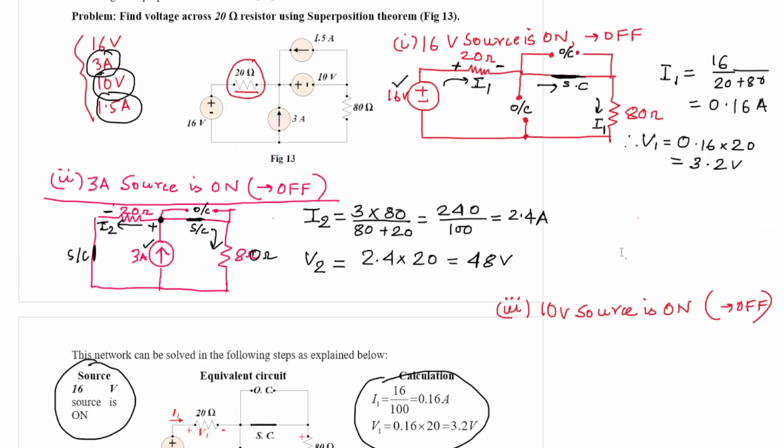We are now considering the third thing. So we have 10 volt source, right? This is our 10 volt source. Now we have 20 ohm resistor.